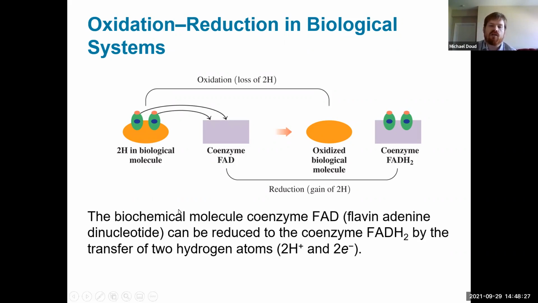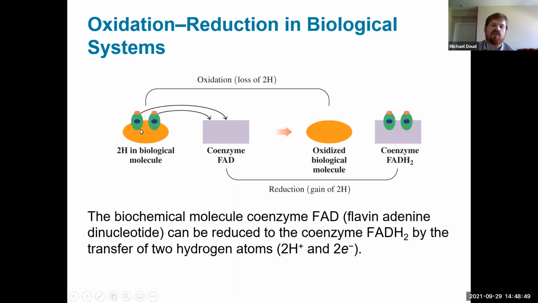So here's an example. The coenzyme FAD, which is the flavin adenine dinucleotide, can be reduced to FADH2 by the transfer of 2 hydrogen atoms with the 2 electrons that go there. So it's 2 protons plus 2 electrons.